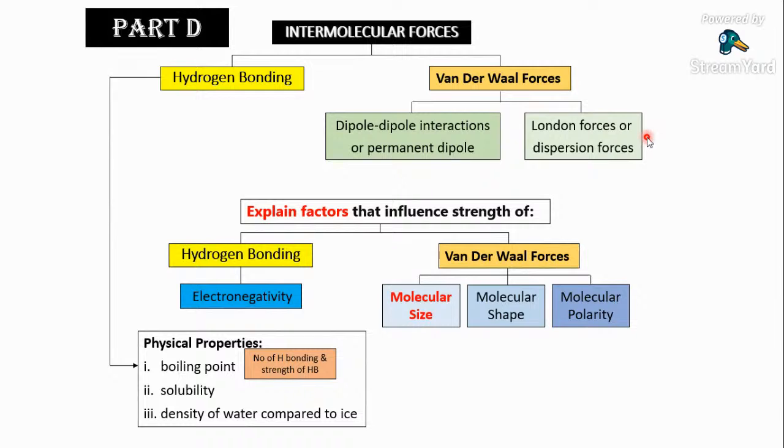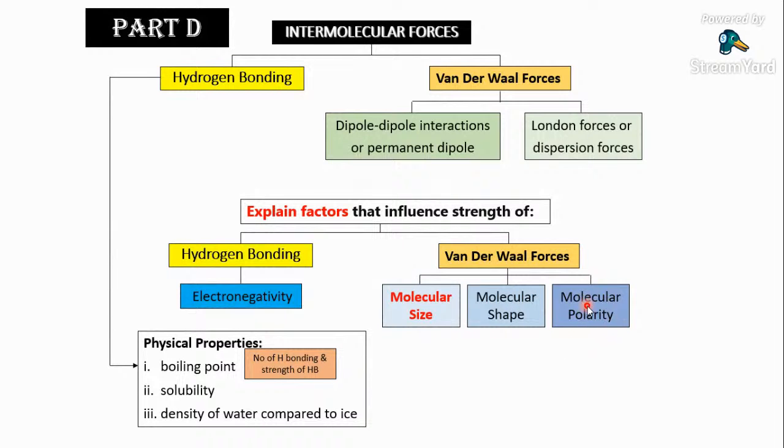If you want to know the details of this part, you can refer to my video. Go to playlist chapter 4 chemical bonding, you can search the video for hydrogen bonding and van der Waals forces. The van der Waals forces is affected by molecular size as the main factor, followed by molecular shape, about the linear shape and the branched shape, and then the molecular polarity.